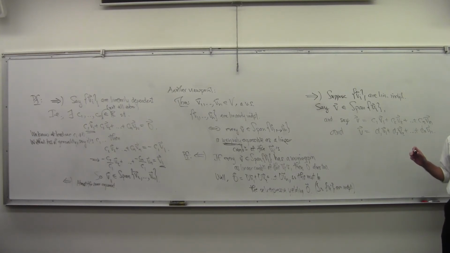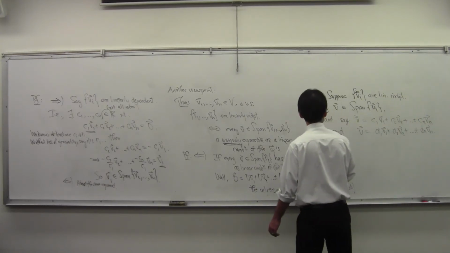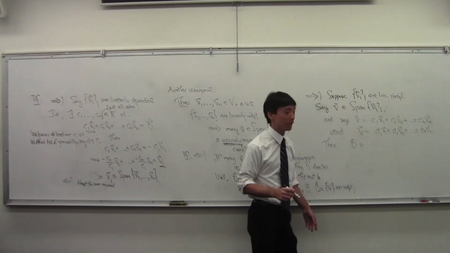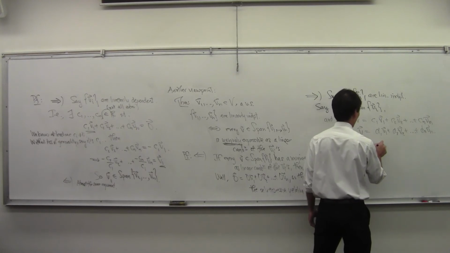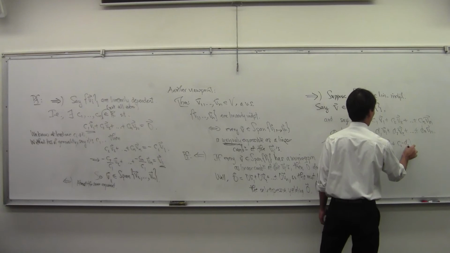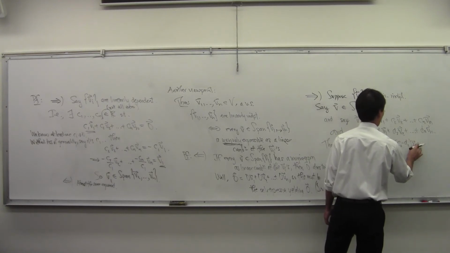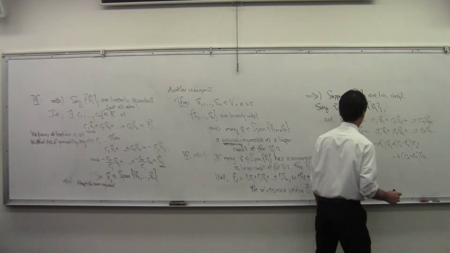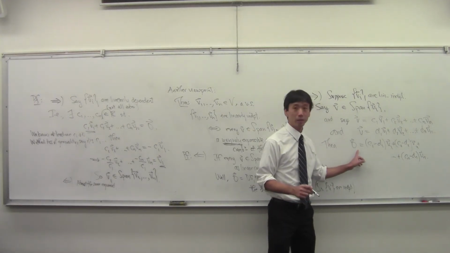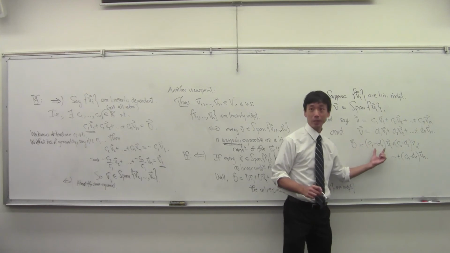Russ? You just subtract two equations. Okay, so subtract. Subtract the lower one from the upper one, saying 0 equals (c1 minus d1)v1 plus (c2 minus d2)v2 plus dot dot dot plus (cn minus dn)vn. Right, and you see how this finishes up.